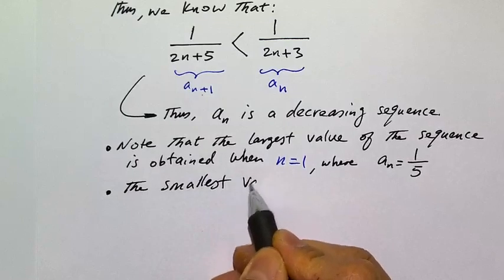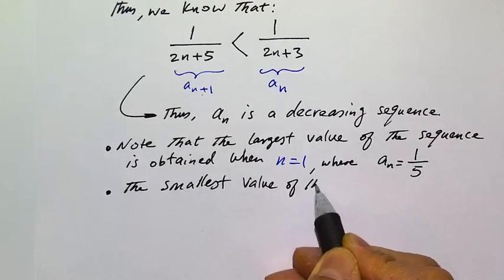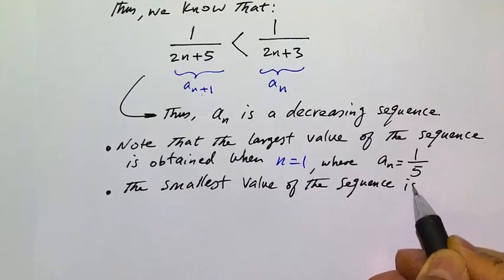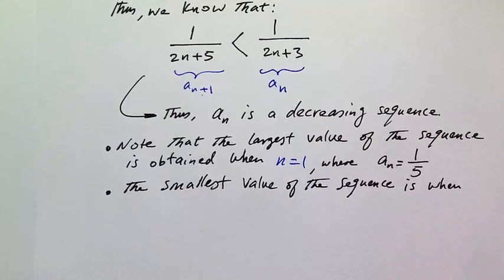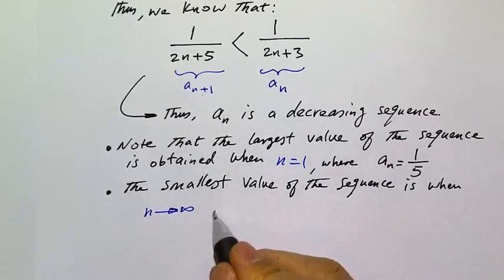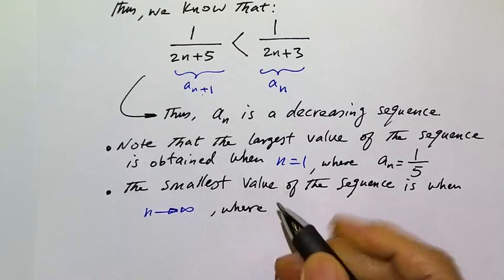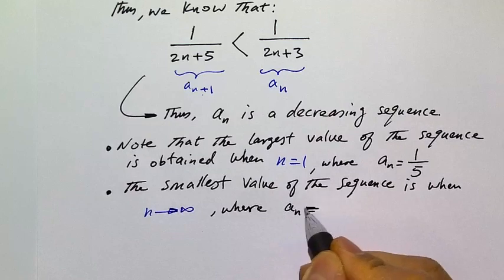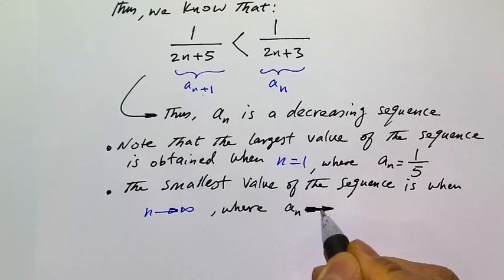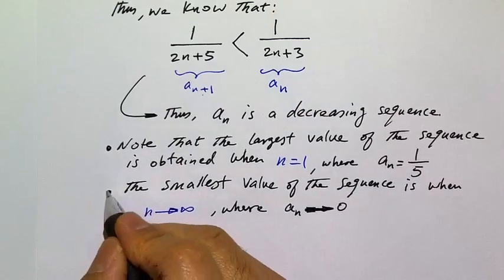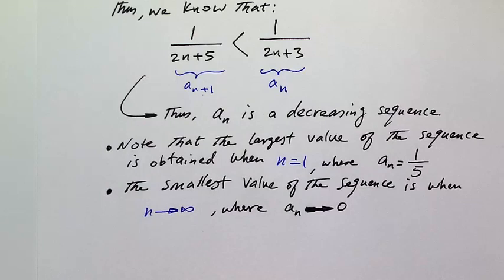The smallest value of the sequence is when n goes to infinity, where a sub n approaches 0. So from these two statements, the sequence is bounded below and above.